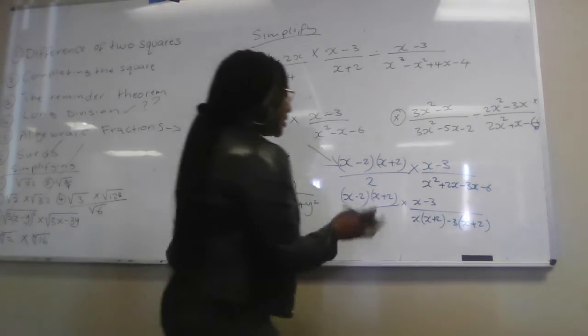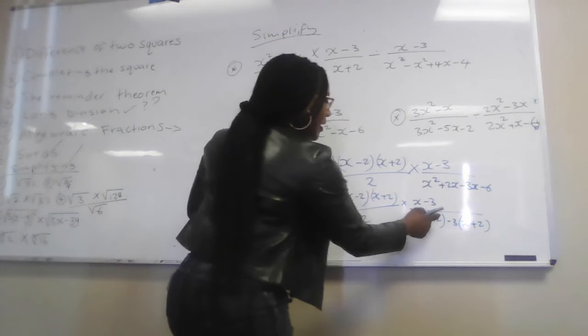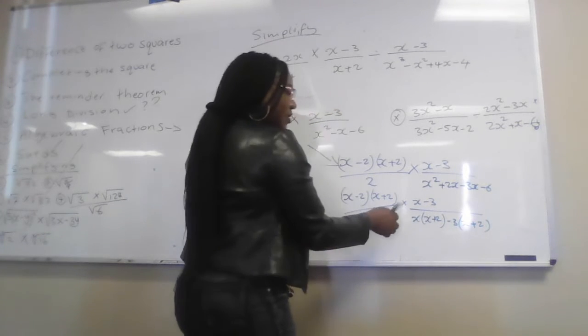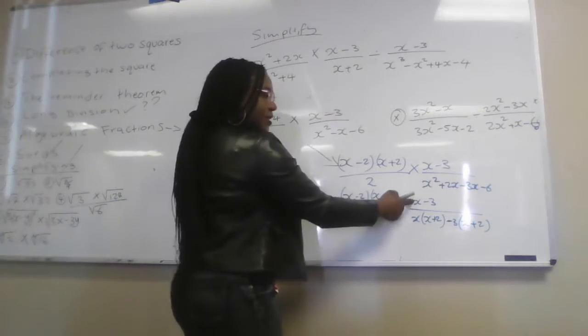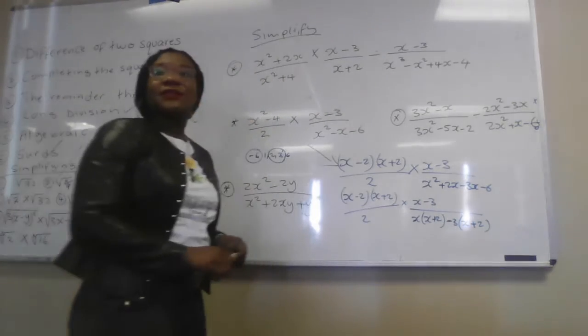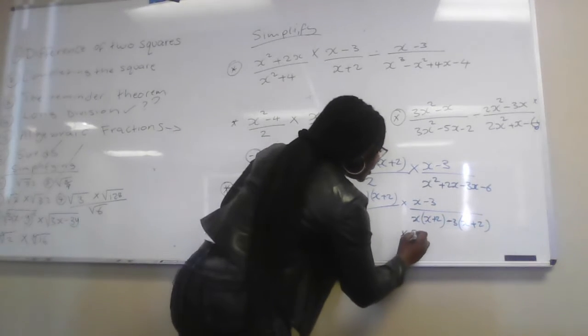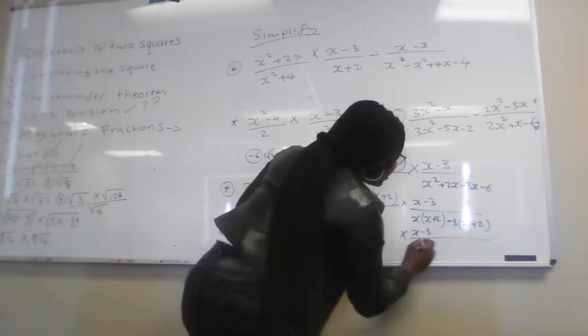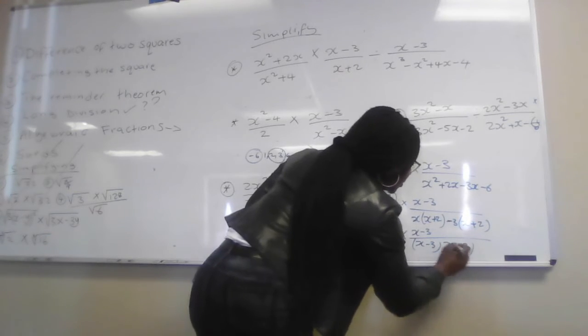We are factorizing. You write again, you know, the steps will continue. But in any way, what we can do at that point, this is x minus 3. Do you know this x minus 3 will cancel with x minus 3 on top? Or else I'll write x minus 3 divided by x minus 3, x plus 2.